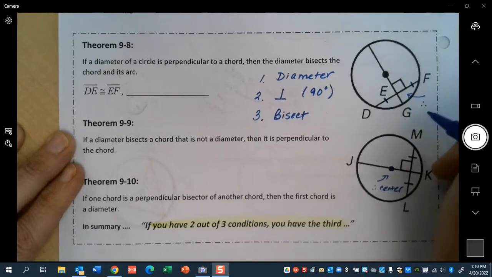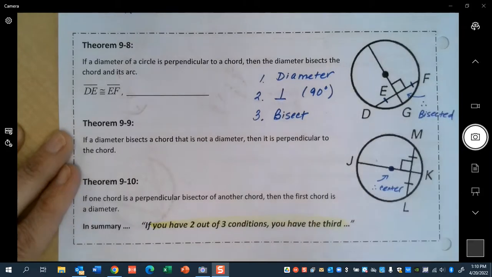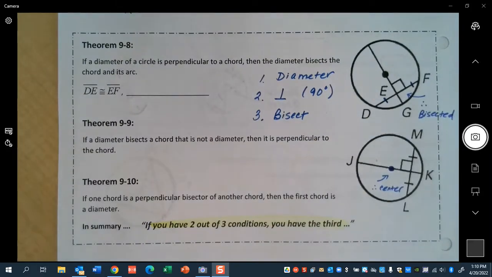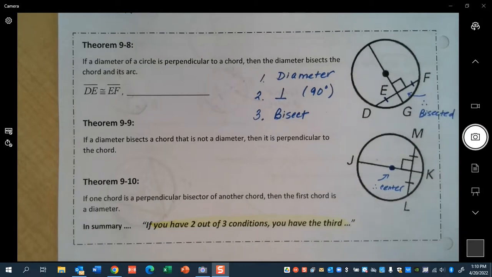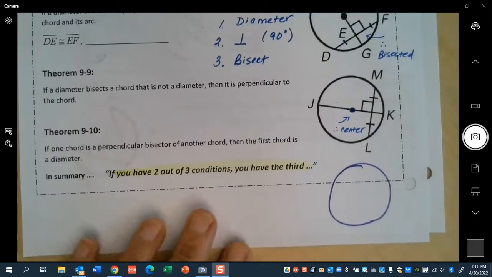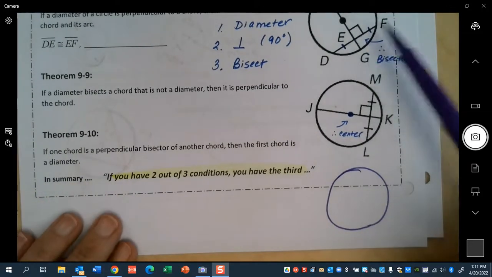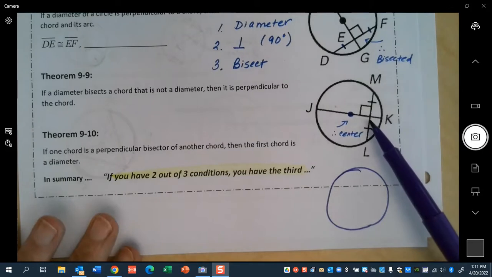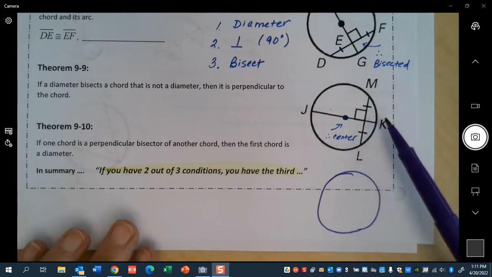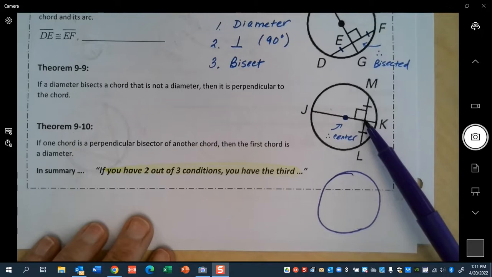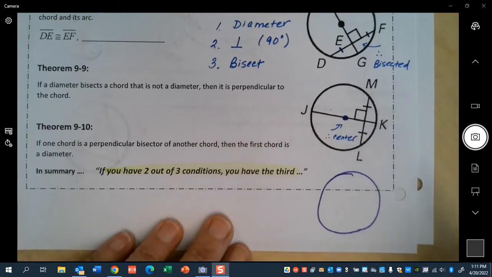What do the 3 dots mean again? Do me a favor and draw which one I'm missing. Draw a circle for yourself. My circle's not that great. Here I have the diameter that's a right angle, therefore bisected. Here I have the bisected at a right angle. So what am I missing?